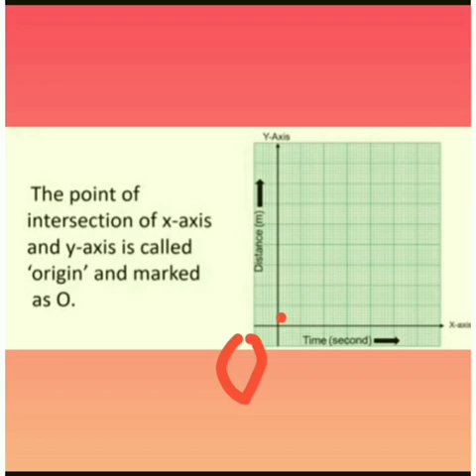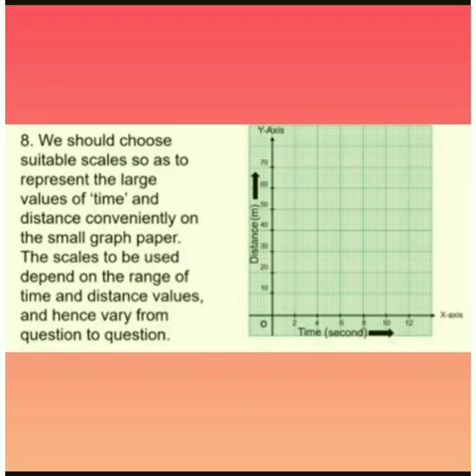We should choose suitable scales so as to represent the large values of time and distance conveniently on the small graph paper. The scales to be used depend on the range of the time and distance values and hence vary from question to question. As per the question, you will have to decide the scales. See an example given here.